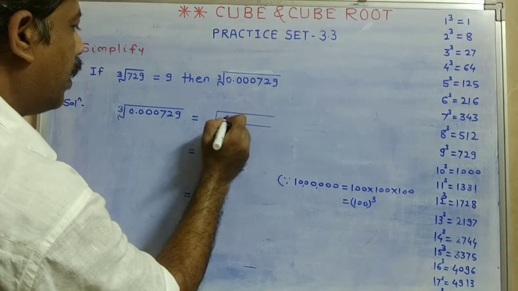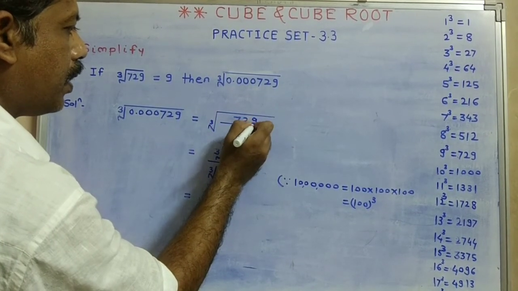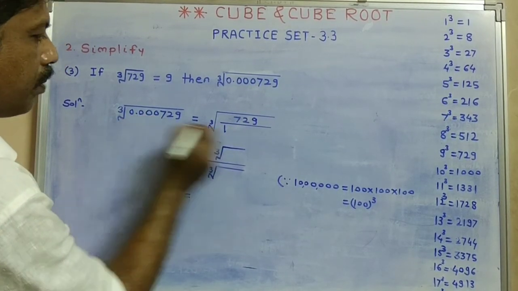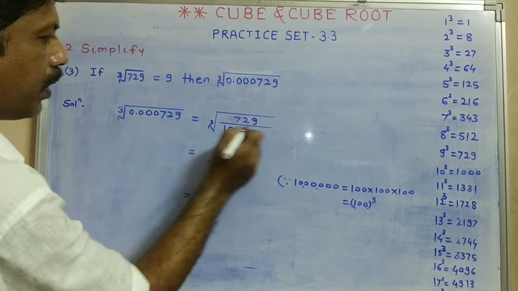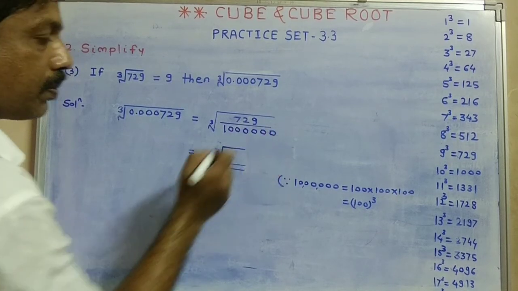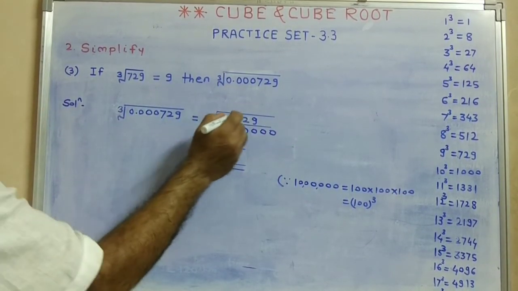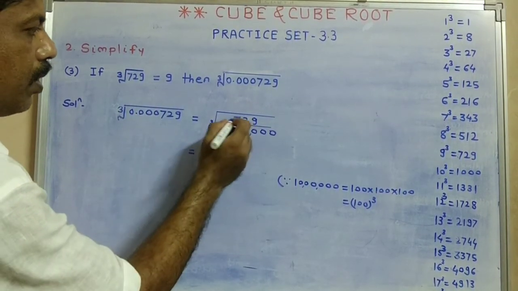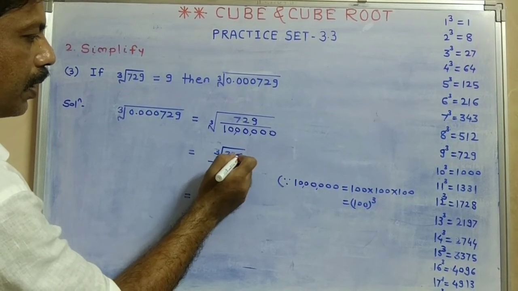Now, here you can write it as 729 divided by, in place of the point there will be 1, in place of 0, 0, in place of 0, 0, 0, 0, in place of 7, 0, in place of 2, 0, in place of 9, 0. Now, the cube root of 729 upon this will be equal to how much? 10 lakh.